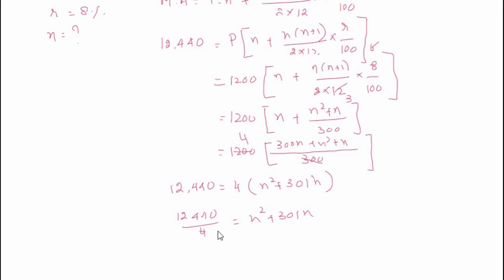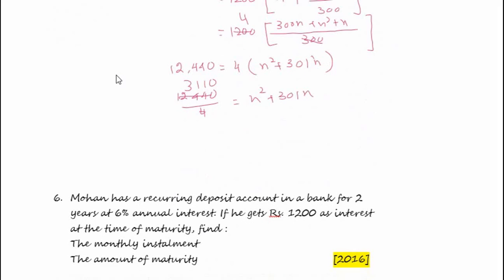So this is 4 ones are 4, 3, 1, 1, 0. So now we can write this as an equation, that is N square plus 301 N minus 3110 is equal to 0. This is the equation.